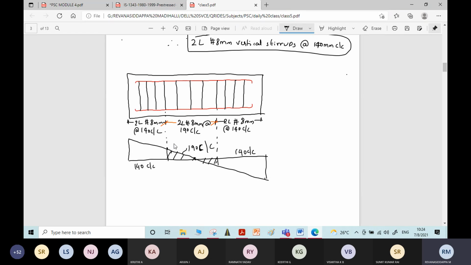Okay. Here, shear force will be equal to 150 kilonewton, ultimate shear force. Gradually it will reduce to 0 at the midspan. That is why we will slightly increase the spacing. Okay. You can write the cross section.